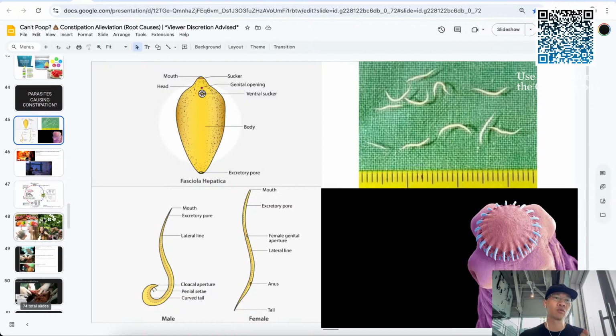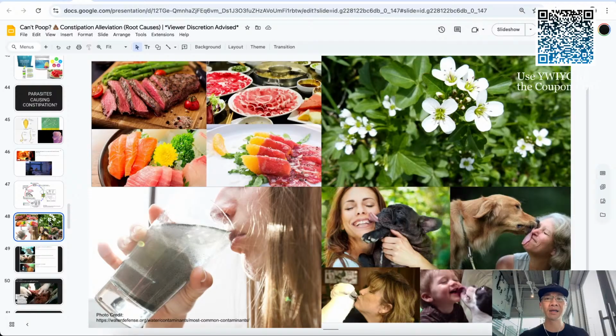And there are many different ways parasites can get into your body. Many people fancy doing these sushi, sashimi dates, where they eat hot pot, or they eat a lot of undercooked steaks. Parasites are already in there, and you're just consuming them.